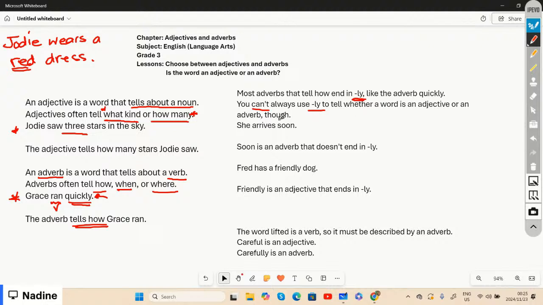For example, an adverb that tells us maybe when or where: she arrives soon.